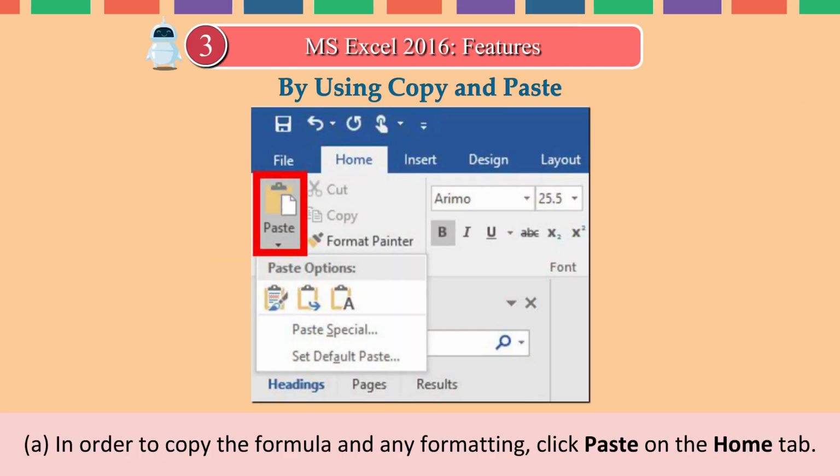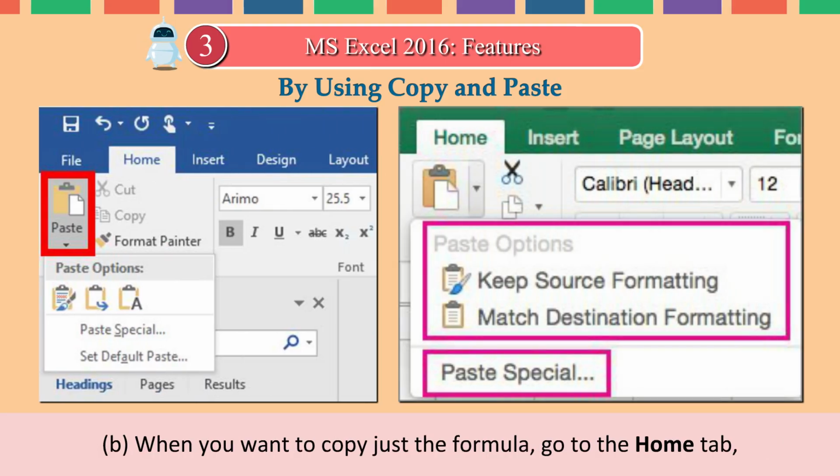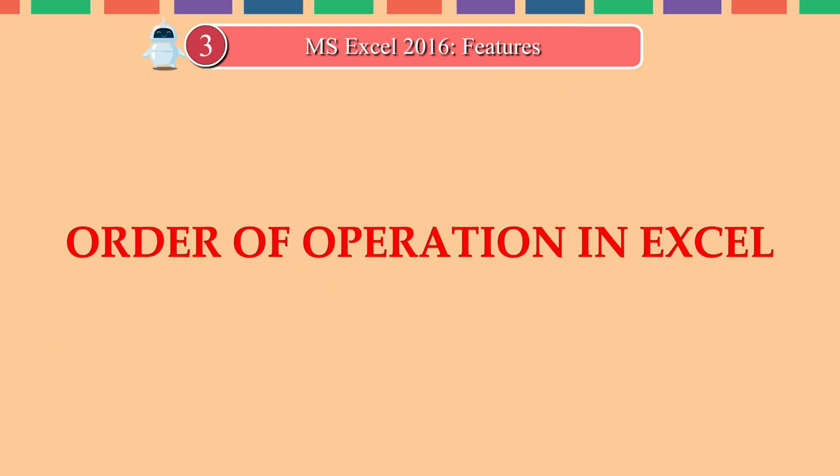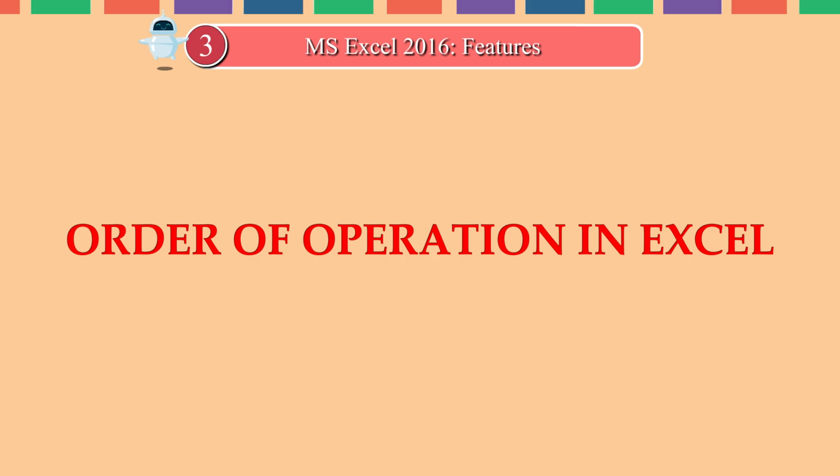A. In order to copy the formula and any formatting, click Paste on the Home tab. B. When you want to copy just the formula, go to the Home tab, click on the drop-down arrow of the Paste tool, select Paste Special, then select Formulas and finally, click on the OK button.